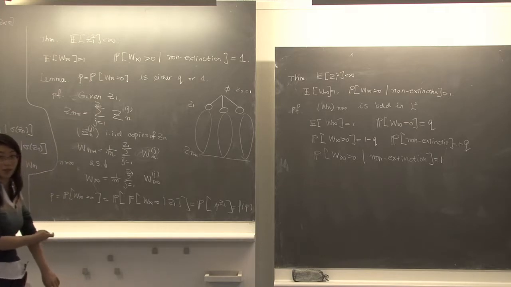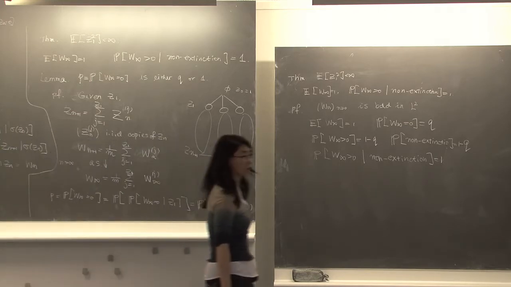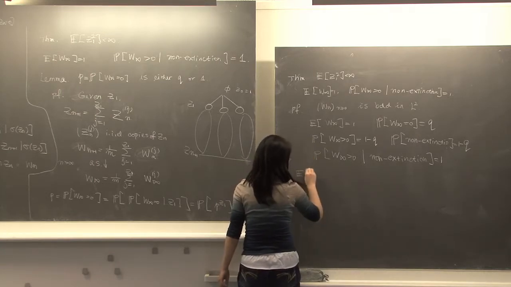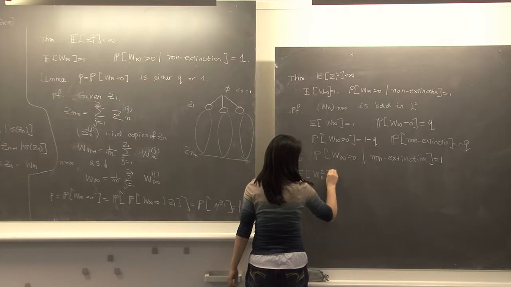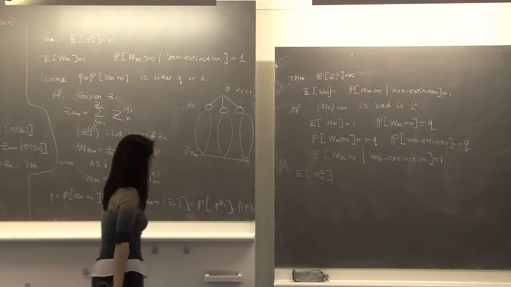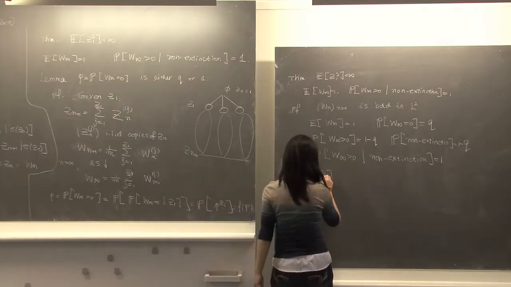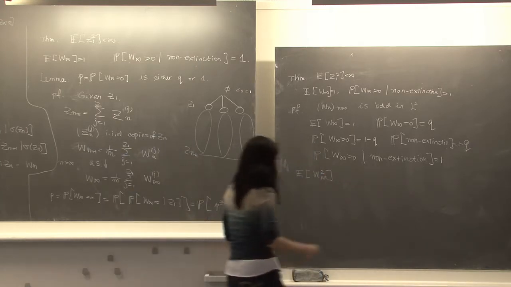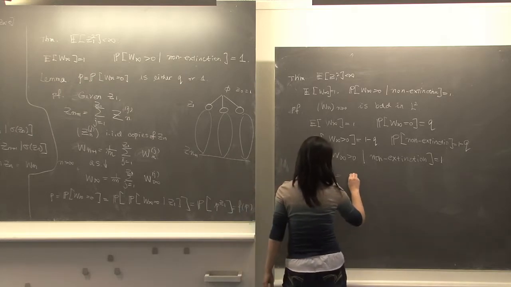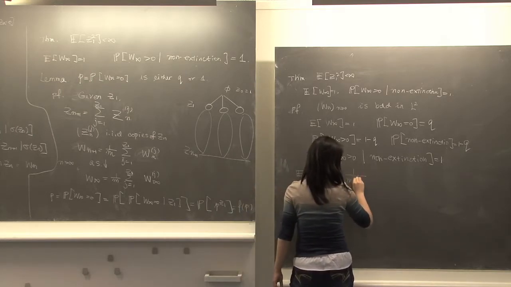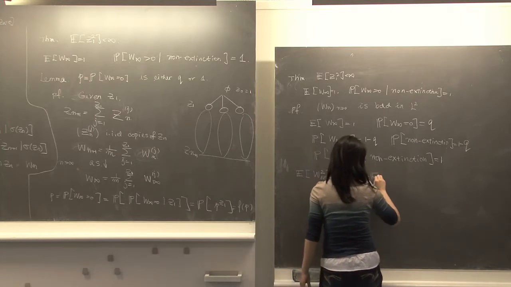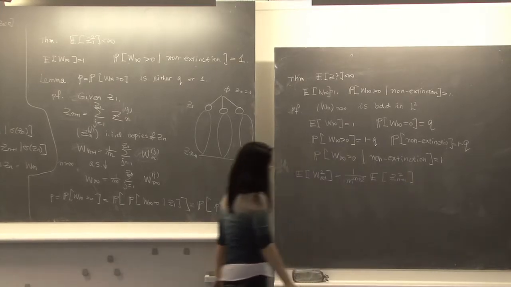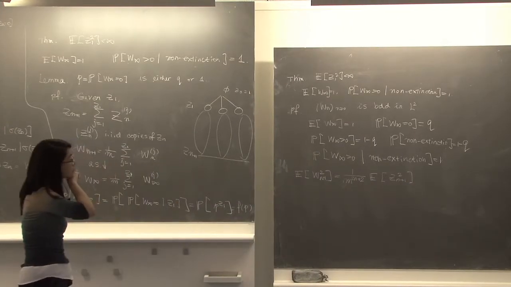So the only remaining thing is to check that Wn is bounded in L2. To this end, we have to calculate the expectation of Wn squared. So we look at the relation between n plus 1 and n. What is W_{n+1}?